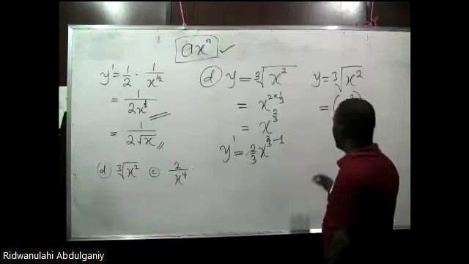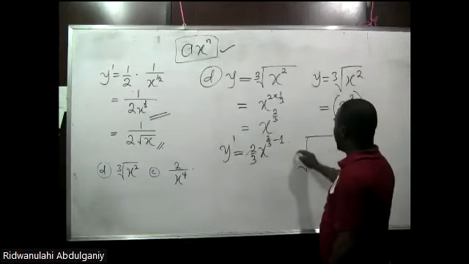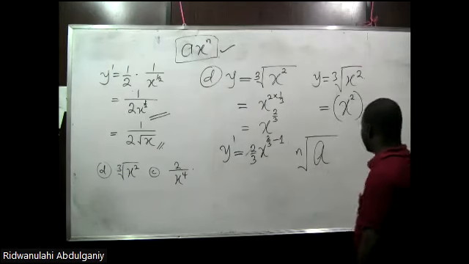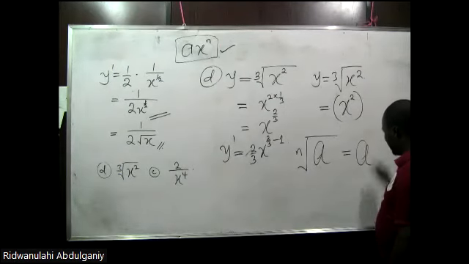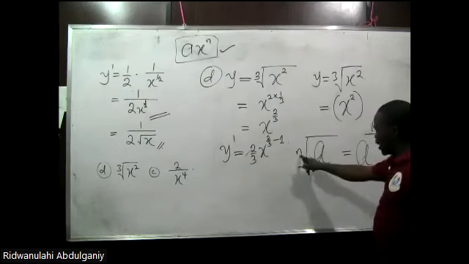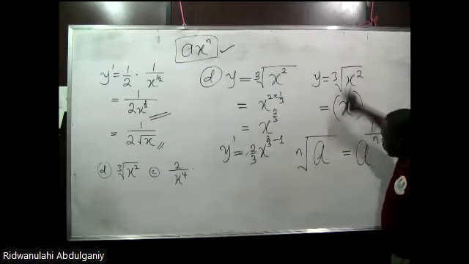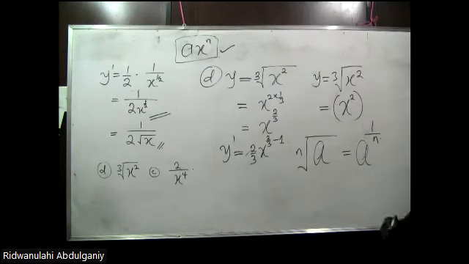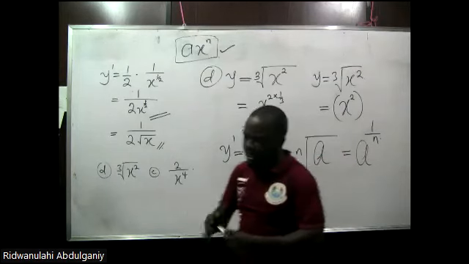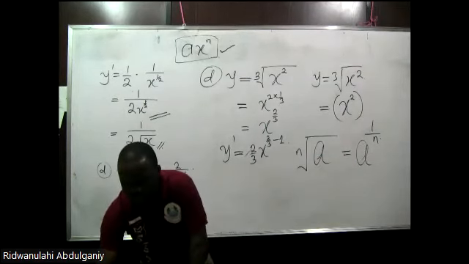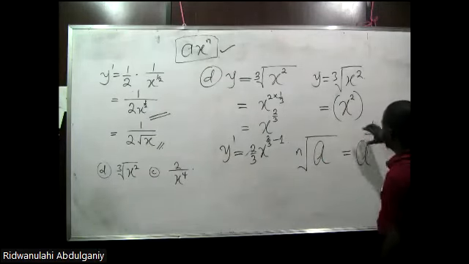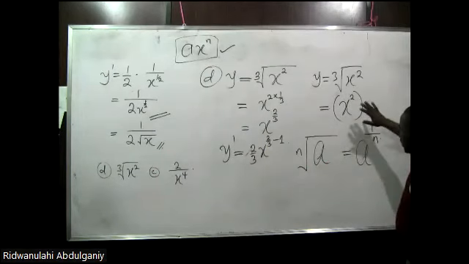Let me help you. Law of indices says that if I have the nth root of a like this, it is a raised to 1 over what I have outside, which is n. So in this representation, what is my a? Kolawole, kindly unmute, please.